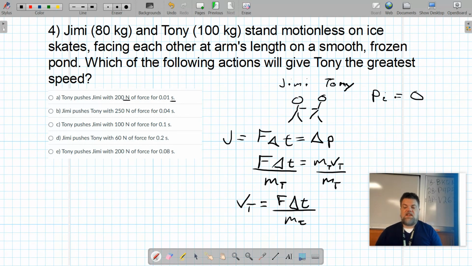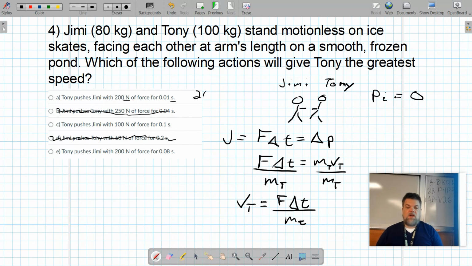Now his mass isn't going to change, so I need to find the greatest force times time. And it has to be Tony, so any option with Jimmy doesn't work. So then you've got to do the math, right? Which one of these combinations is going to give me the biggest number?